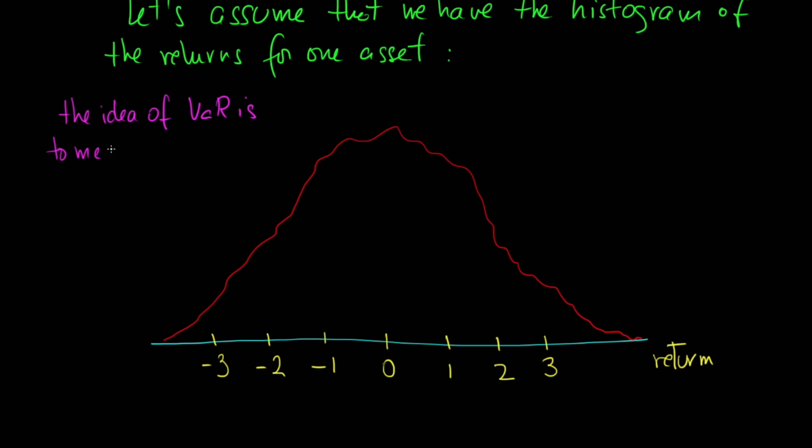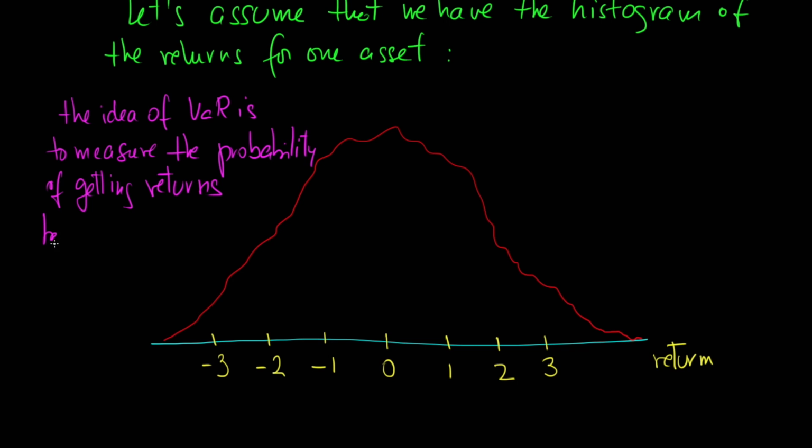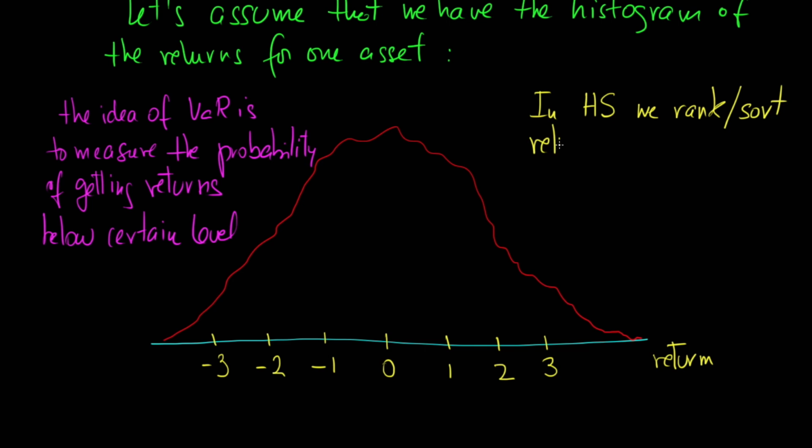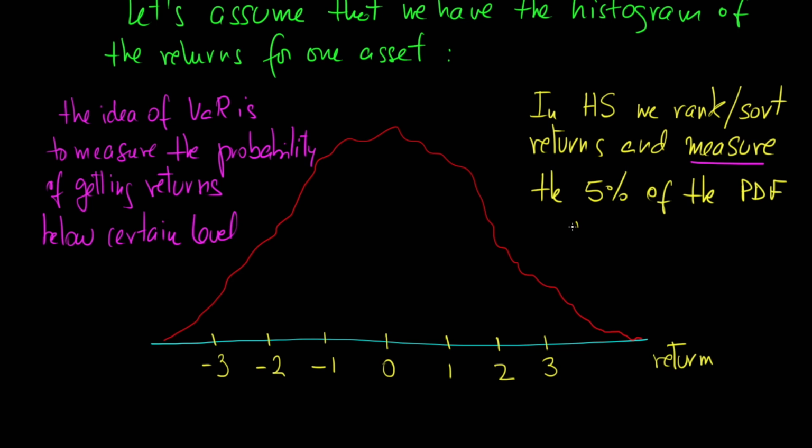So the idea of the value at risk is to measure the probability of getting returns below some level. So for instance, in the historical simulation, we rank and sort the returns and measure the 5% of the probability density function from the left.